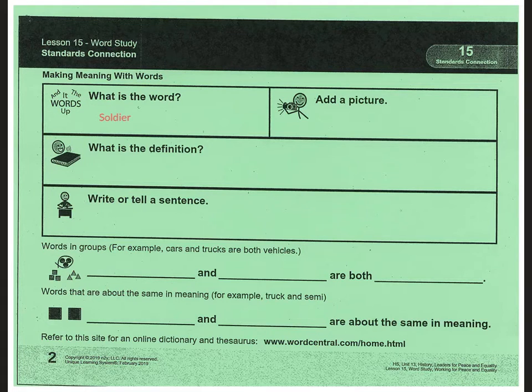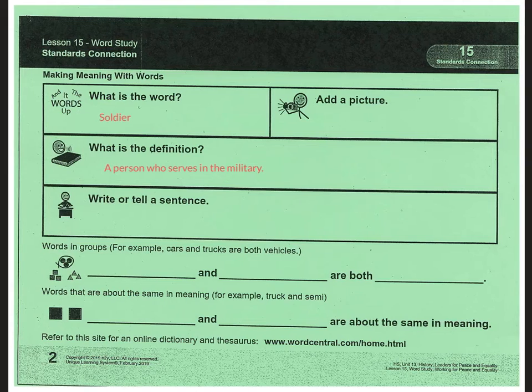The definition of soldier is a person who serves in the, and on your packet it says Army, but I'm going to put military because there are many different branches to the military, not just the Army. So a person who serves in the military is a soldier.